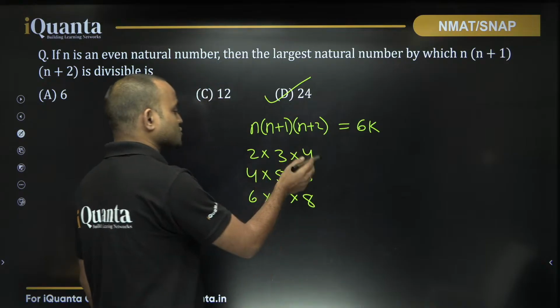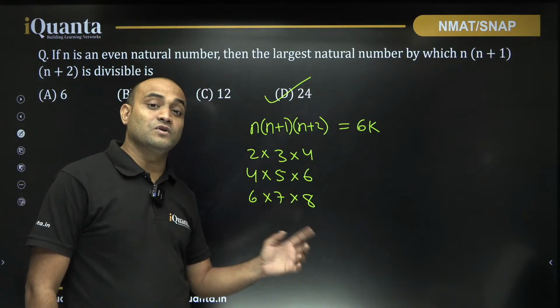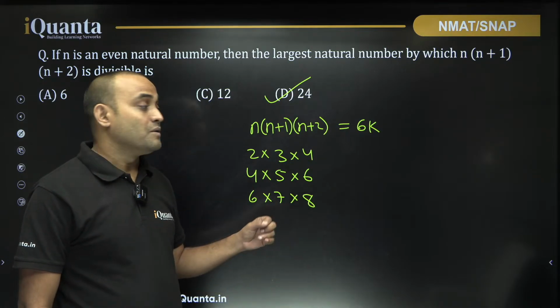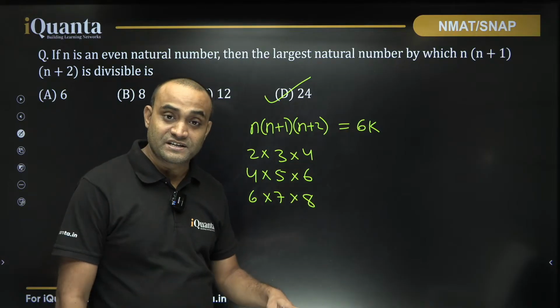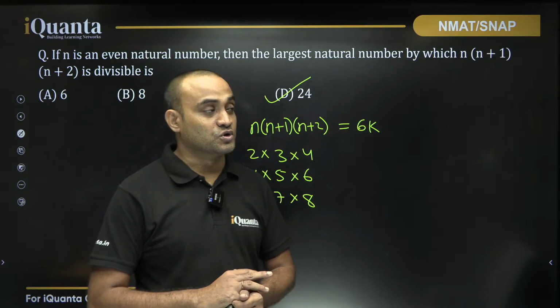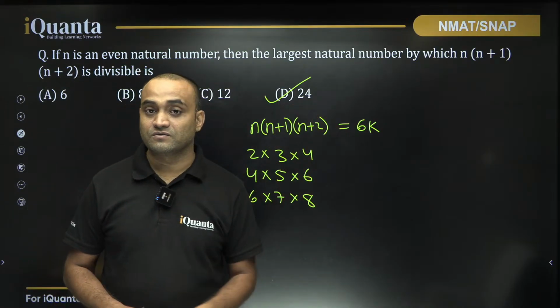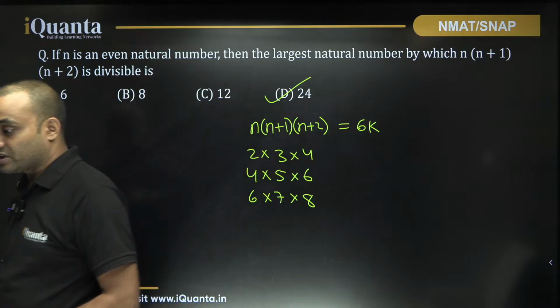One of these two numbers must be a multiple of 4 and the other will be a multiple of 2. It could also be a multiple of 8 as well, but the product will always be a multiple of 8 as well as a multiple of 3. ठीक है? So in total we can say that 8 into 3, this product will always be divisible by 24. ठीक है?